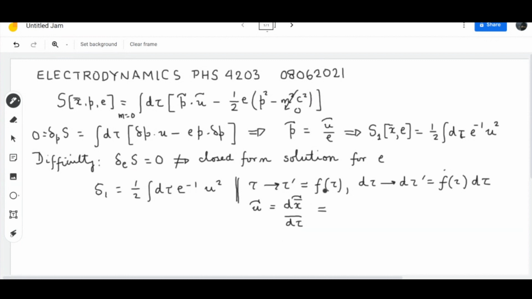It does not change anyway. So we can write this as dx bar by d tau prime times f dot, since d tau prime by d tau is f dot.